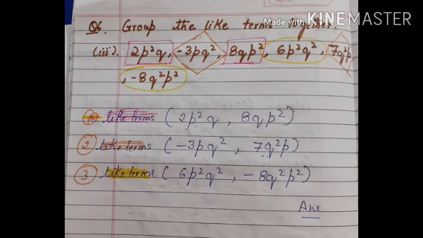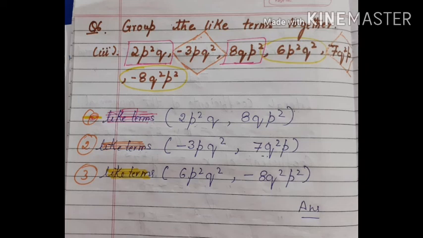Just see in the given expression which variables are of like types, having the same power and the same variables. So I have marked them with pink, yellow and orange: a rectangle for p square q, a rhombus for pq square, and an oval shape in yellow for p square q square, to distinguish all three like terms found in the given series.